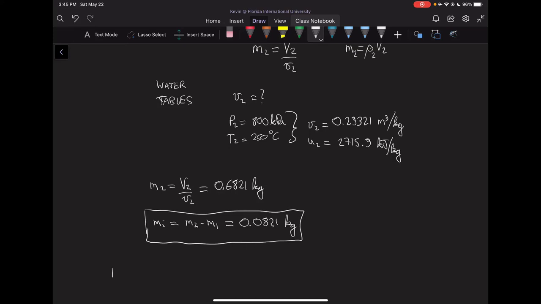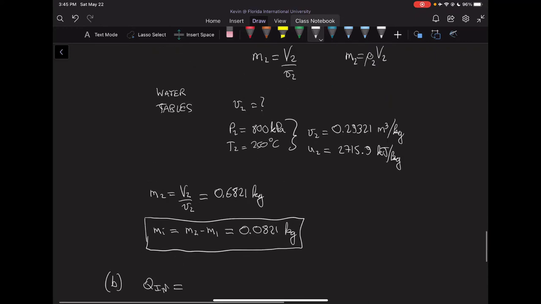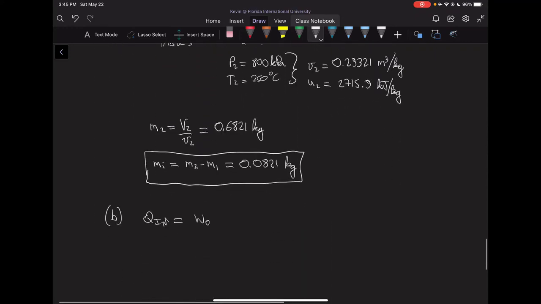Now for part B, we need to find Q in. And Q into our system is equal to work out plus M2U2 minus M1U1 minus MIHI.